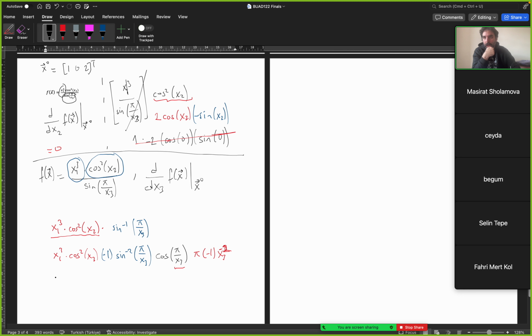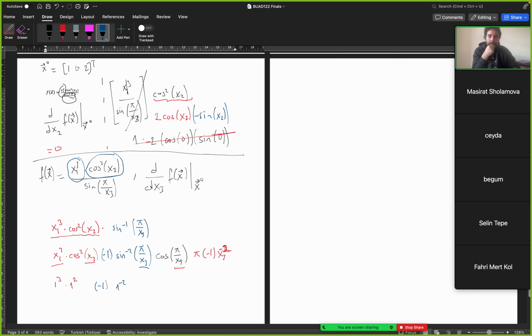Now I'm just going to plug in the numbers. Let me start from the left. When I plug in 1 here, this is going to be a 1 cubed. Then I'm going to plug in 0 here, and this is going to be a 1 squared. And then I have a negative 1 here, and when I plug in 2 here, this is going to be 1 over negative 2.